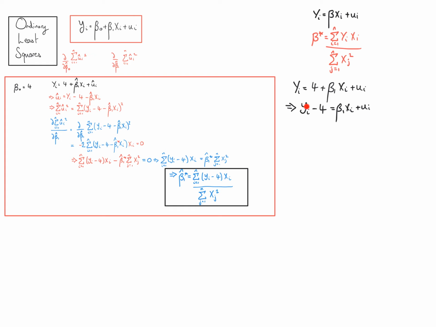But then our dependent variable is yi minus 4. We're estimating a relationship without an intercept, so we've just got this xi as the explanatory variable. So we could have substituted that into beta star to give, instead of yi here, having that yi minus 4, and we would have got to that same estimator.